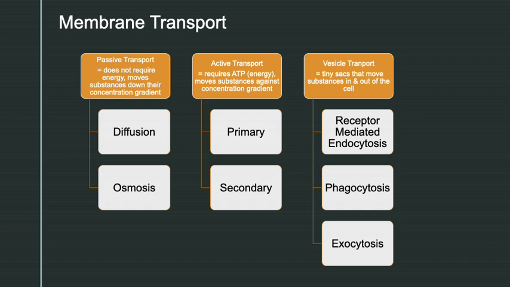We're going to talk about primary and secondary types of active transport. And then finally, we're going to look at some vesicle transport. Vesicles are little bubbles or pouches or tiny sacs that move things in and out of the cell and that are composed of components of the cell membrane. We have 3 types of vesicle transport we're going to talk about: our receptor-mediated endocytosis, our phagocytosis, and our exocytosis.